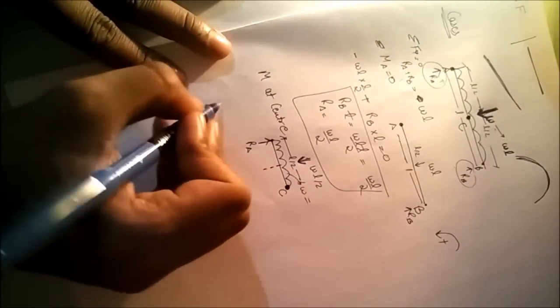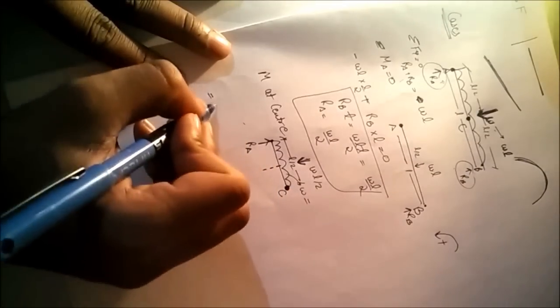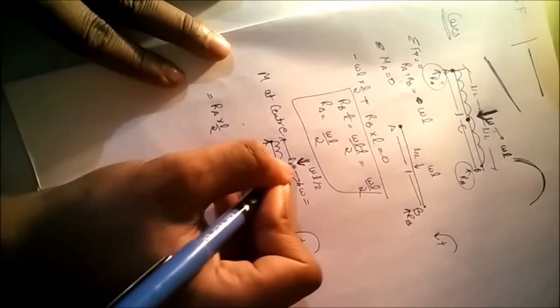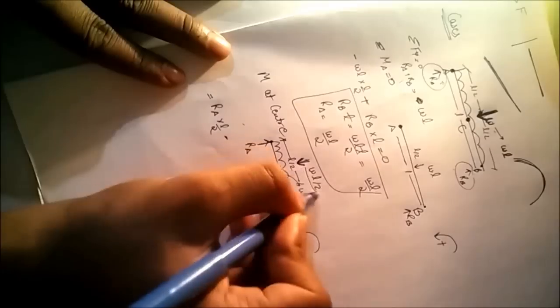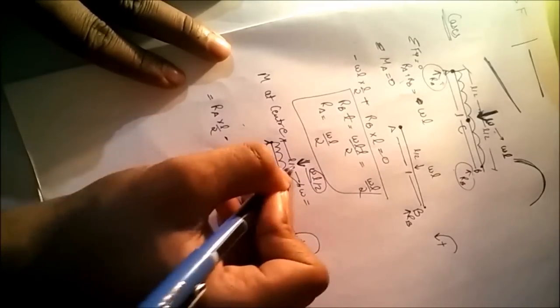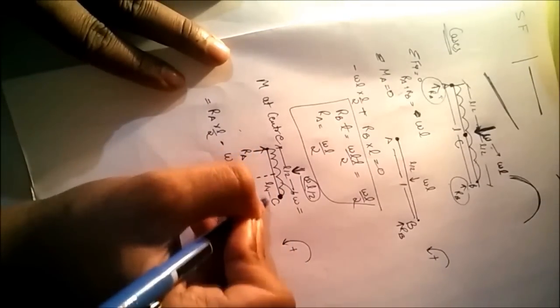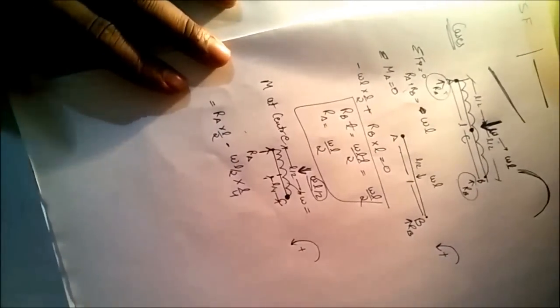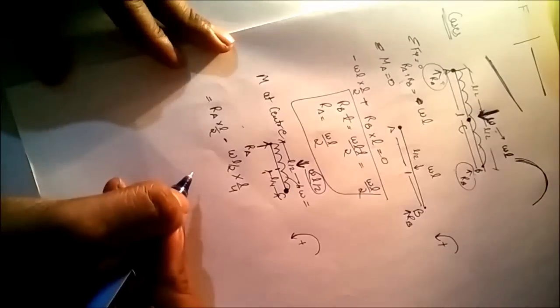At C, taking this side positive, the moment is Ra into L by 2 negative omega L by 2 into L by 4.